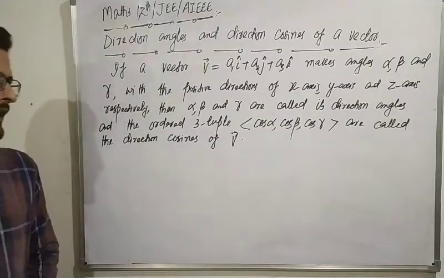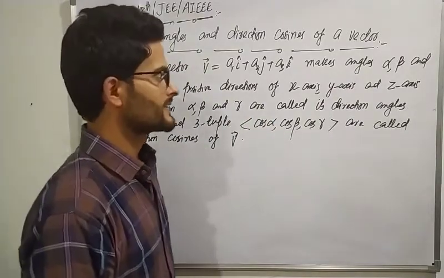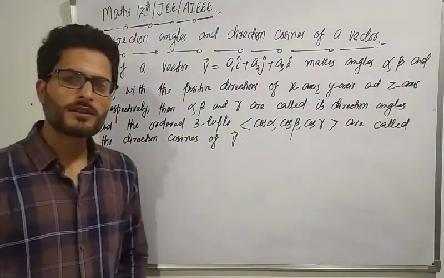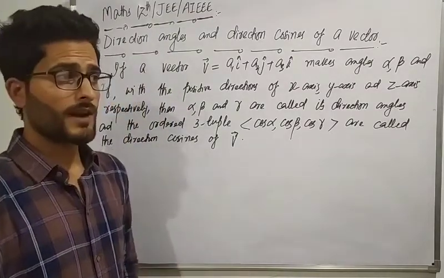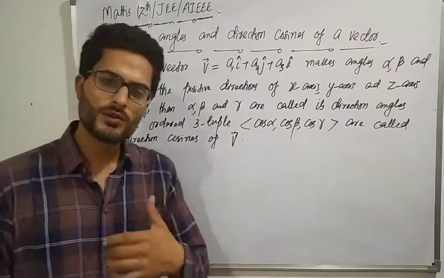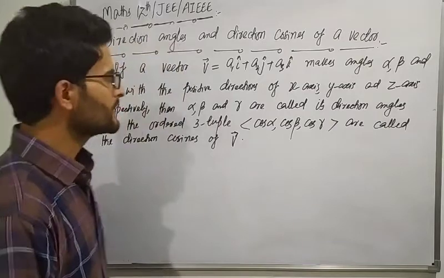Very much important topic as far as the concept of vectors is concerned: direction angles and direction cosines of a vector. What are the direction angles of a vector and what are the direction cosines of a vector? So what are they, Jigra?